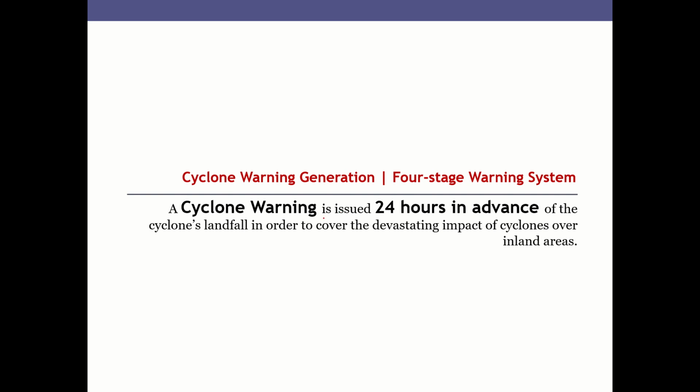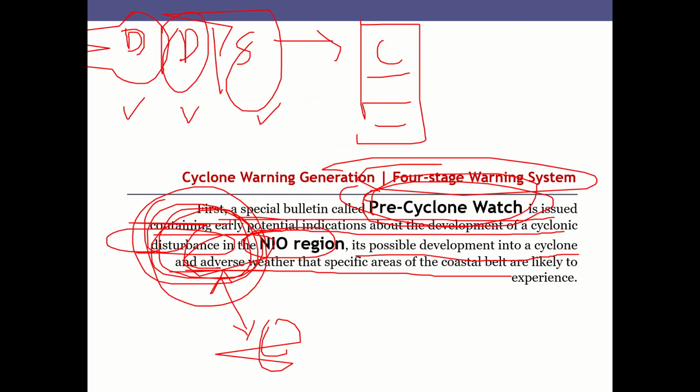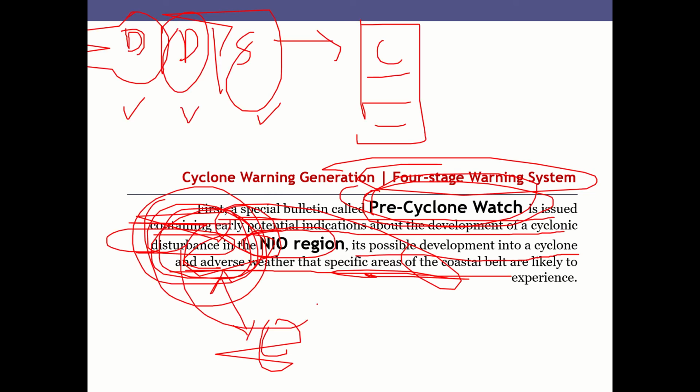A cyclone warning is issued again 24 hours in advance of the cyclone's landfall, in order to cover the devastating impact of the cyclone over the inlands. So the first alert is actually sent in the pre-cyclone watch as a bulletin that there is some kind of disturbance we have observed, and the second alert is sent 48 hours before, when the disturbance is actually converted into some kind of depression.